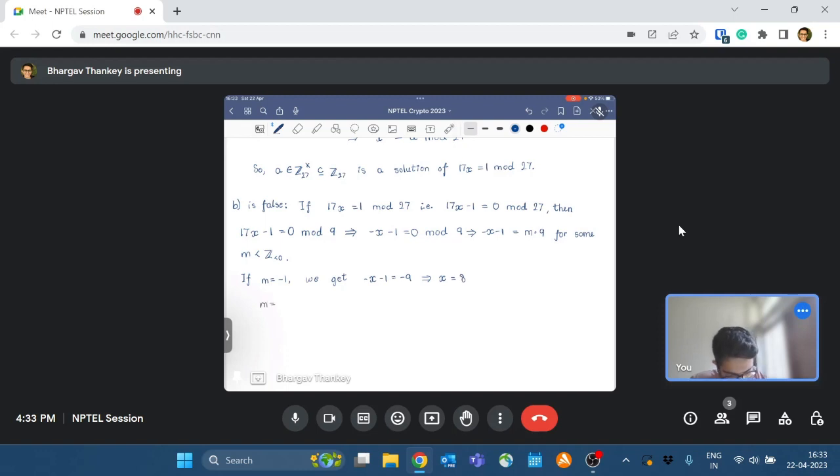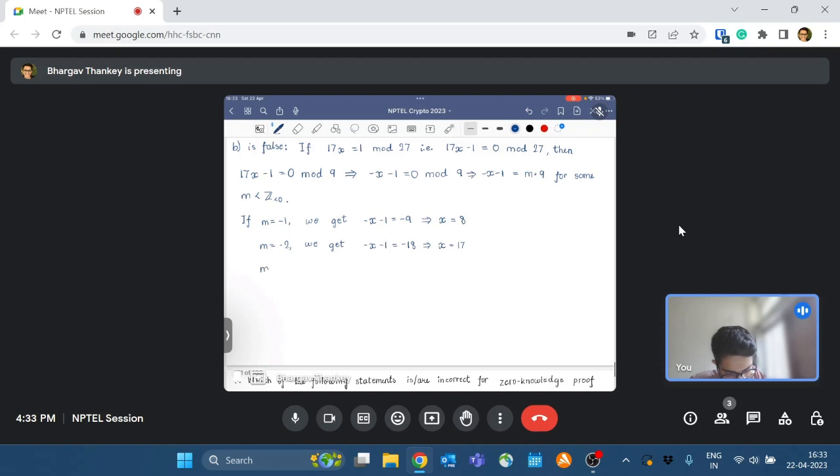If m equals minus 2, we get minus x minus 1 equals minus 18, which implies x is equal to 17. And if m equals minus 3, we get minus x minus 1 equals minus 27, which implies x is equal to 26.